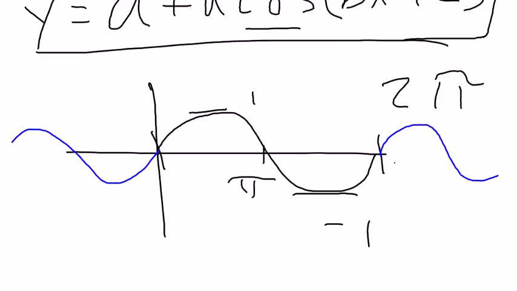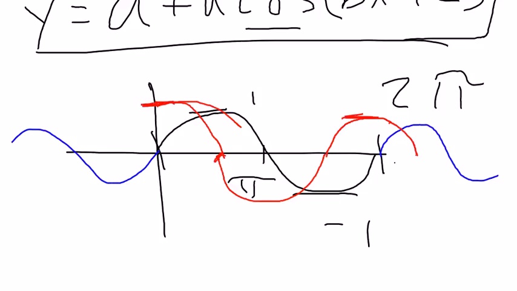Cosine's a little different. Cosine, I'll just draw it right on top. Cosine starts at 1, goes down like this, comes back up here, and continues on like that. But if you just look at one wavelength of cosine, let's just go from the tops to the tops, and this is in your book.